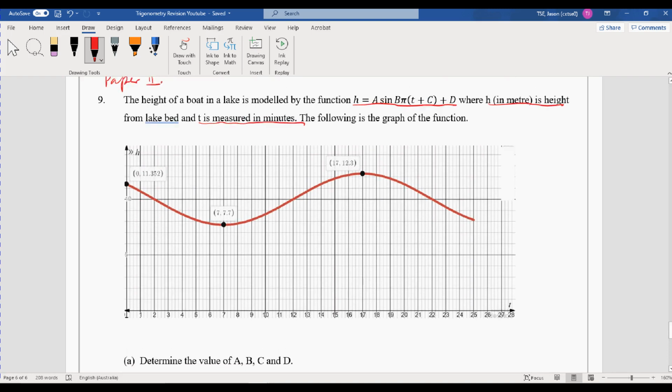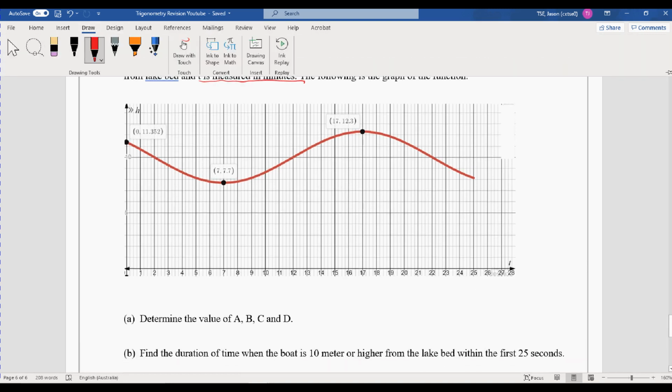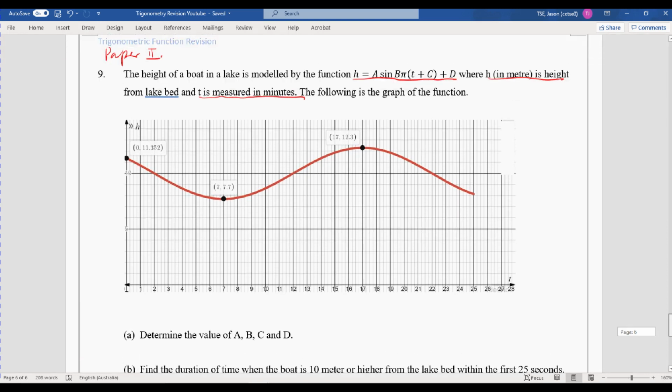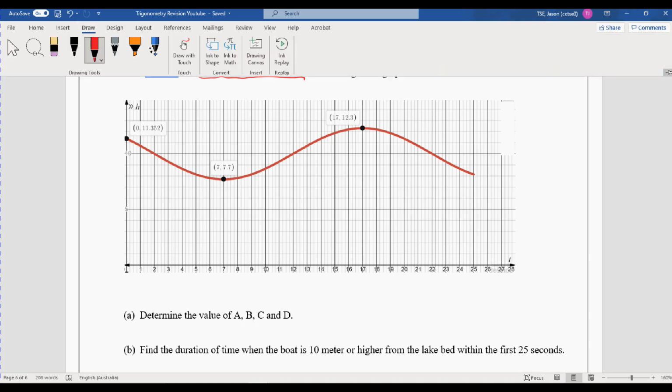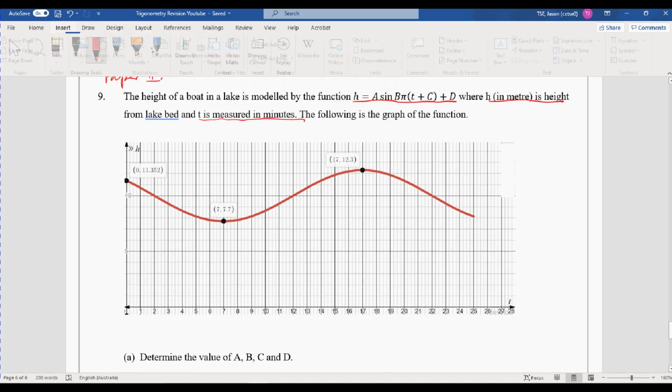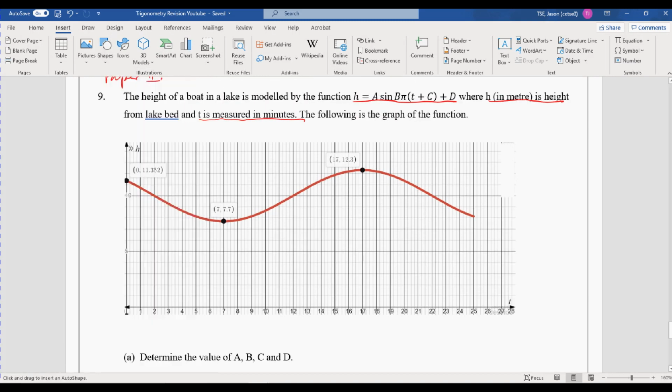Obviously, this looks like a negative cosine. To find those values, let's find the middle line first. Draw the middle line.